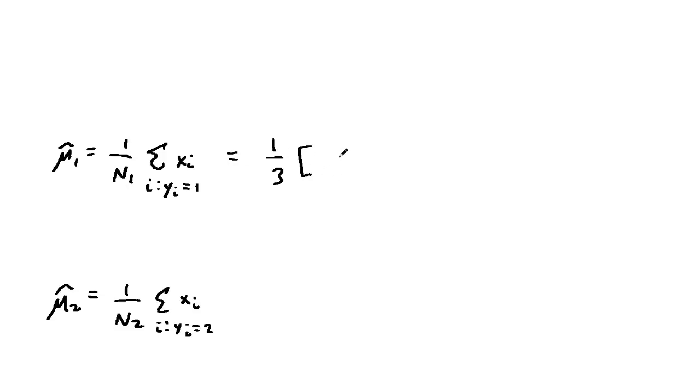Those are the first 3 points, x1, x2, and x3. We add those up and divide by 3, and we get 5/3 and 10/3.